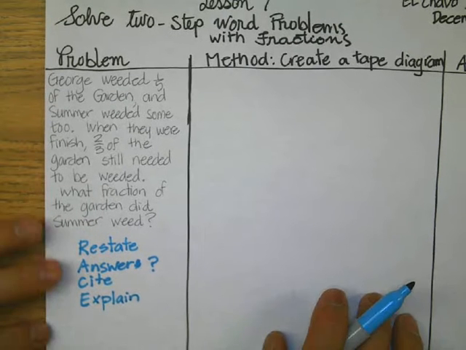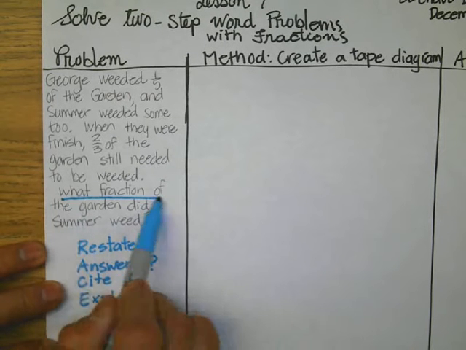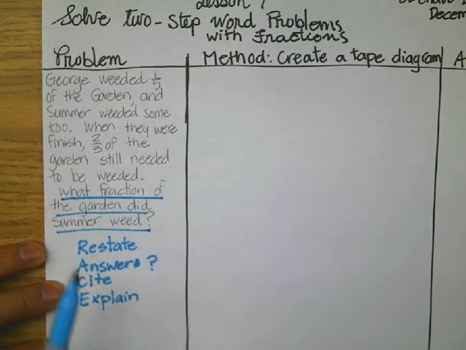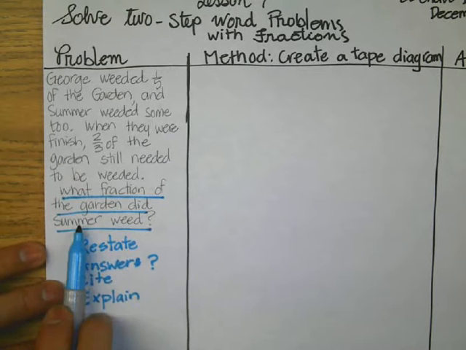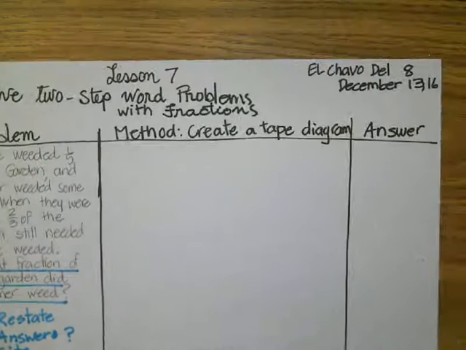So we're going to find the question first. The question says, what fraction of the garden did Summer weed? And let me just make sure that you know, Summer is the name of a girl, my friends. So we're going to restate the question now.